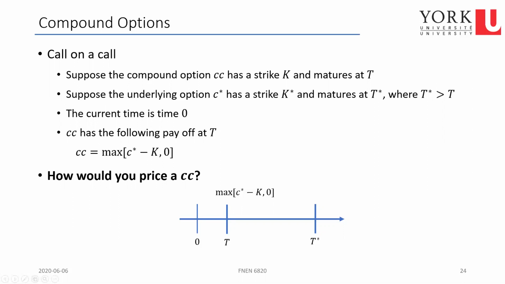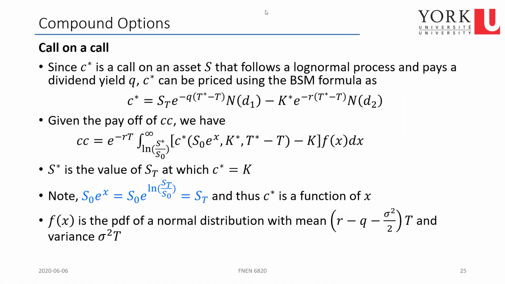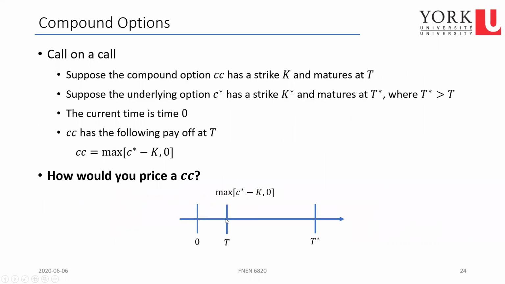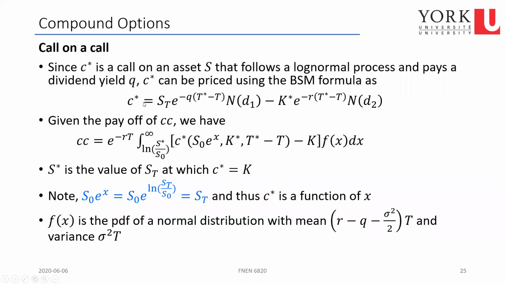Well, assuming both the compound option and underlying option are European, and the stock price follows a log normal process, we see that the price of C star is relatively easy to determine if we know the realized price ST. If we know ST here, we can find the corresponding C star price, which is given by the Black-Scholes-Merton formula here.